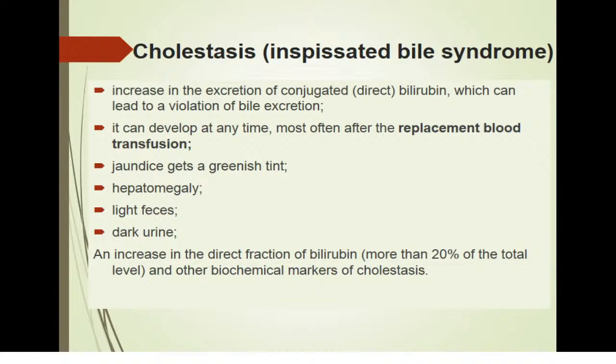It can develop at any time, most often after the replacement blood transfusion. Jaundice gets a greenish tint. Hepatomegaly, light feces, dark urine. An increase in the direct fraction of bilirubin, more than 20% of the total level, and other biochemical markers of cholestasis, such as alkaline phosphatase.